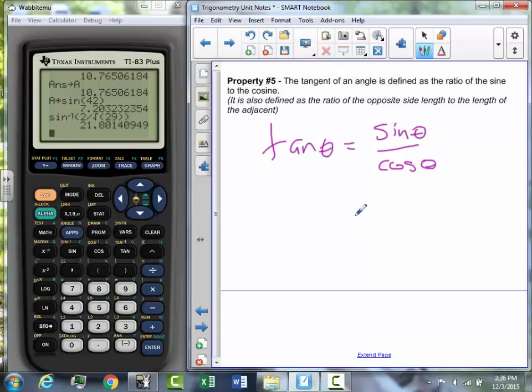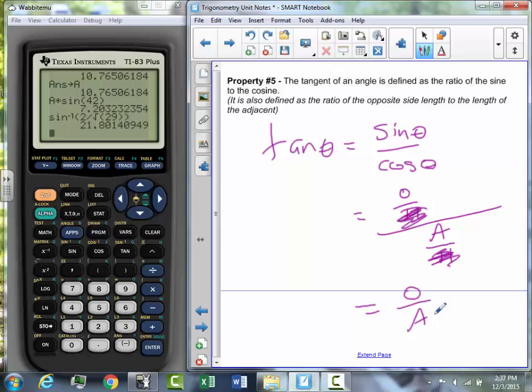Okay. What is sine supposed to be equivalent to? Opposite over hypotenuse. What is cosine supposed to be equivalent to? Adjacent over hypotenuse. You see how you have hypotenuse written twice? Yeah. They can cancel. This hypotenuse and this hypotenuse cancel, meaning that tan is equal to opposite over adjacent.